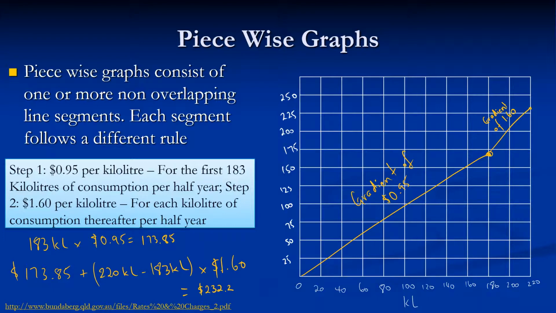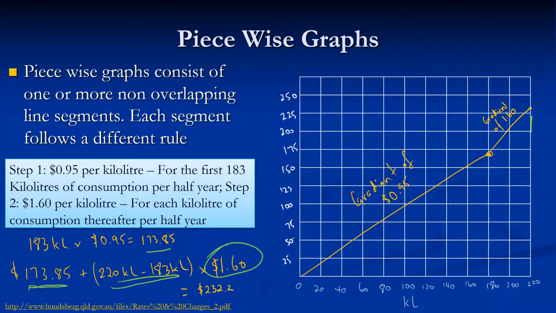So for the first 183 kilolitres, you're going to be charged $173.85 for every 6 months. If you're going to use more than that, you just add on that 173.85. So, for example, we're looking at 220 kilolitres: at 220, take 183 and charge the extra at the higher rate of $1.60. That will bring it to a total of $232.